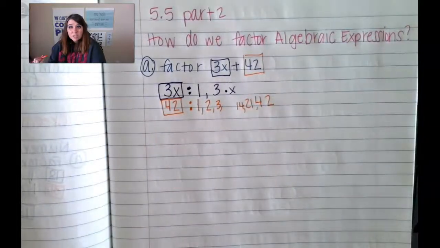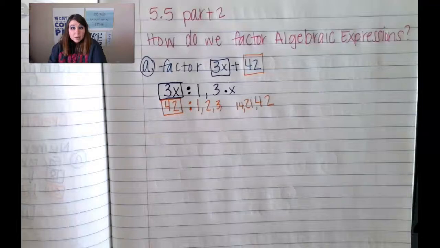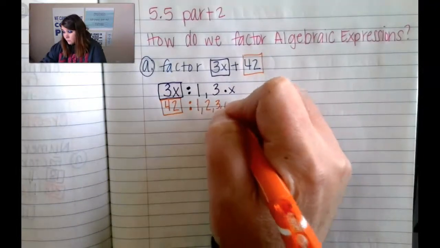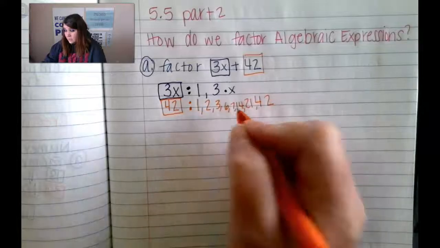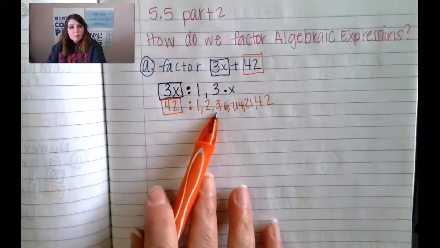Okay, and I actually can stop right there. Do you know why I can stop right there? Looking for greatest common factor, I could keep going. I could say 6 times 7 if I wanted to finish this out. But why could I have stopped right there?